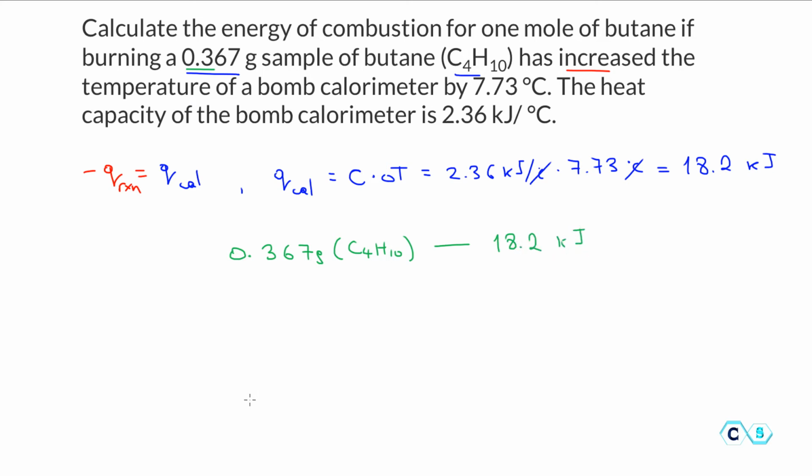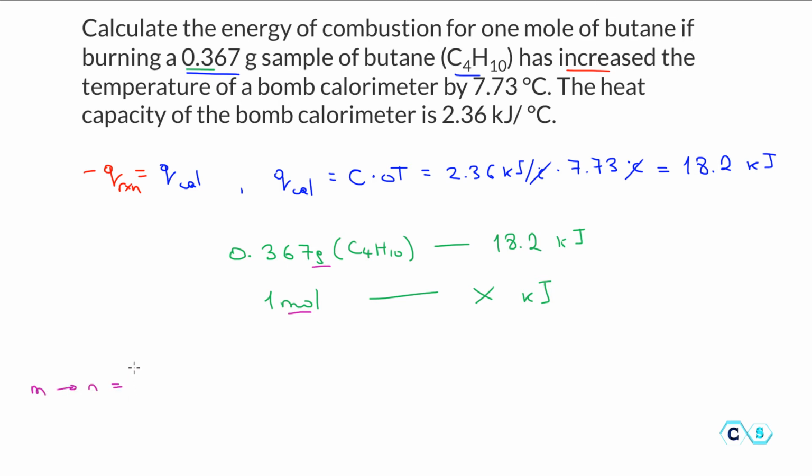But what we also write down here is, what about if we have 1 mole of butane? That is the question. If we have 1 mole, then this is X kilojoules. So grams and moles, we cannot compare the grams with the moles. We need to compare moles to moles. So we have one more step, one intermediate step, going from mass to moles.